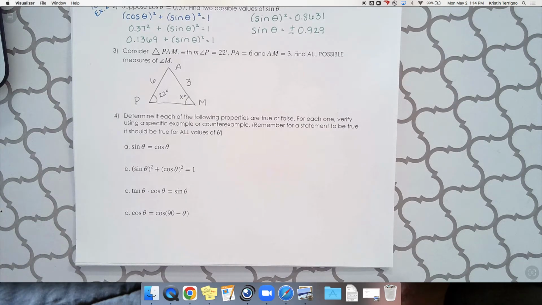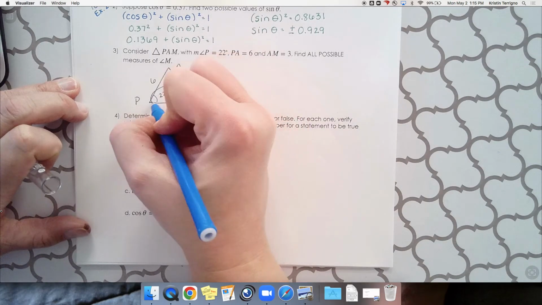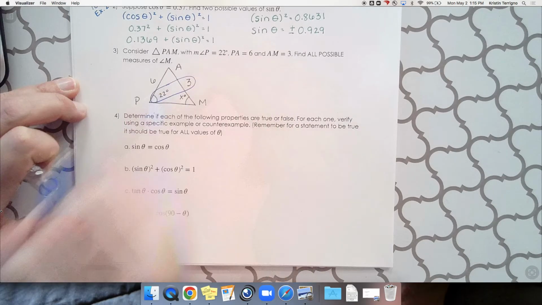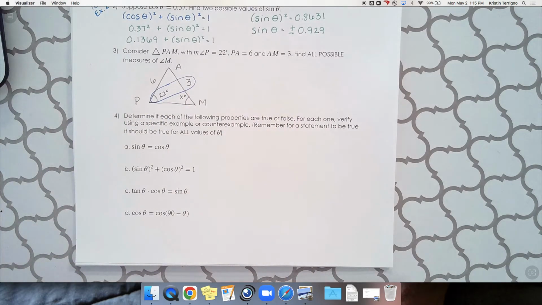Talk to me about strategy here. What am I going to use for this problem? First of all, I can't use SOHCAHTOA, because it's not a right triangle, but I do have this convenient pairing. I have this 22 degrees across from the 3. That tells me I can set up law of sines.